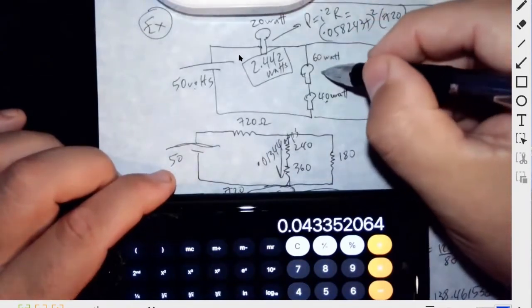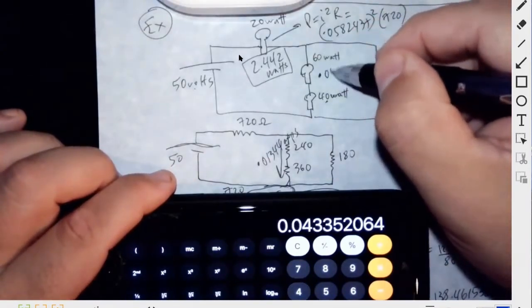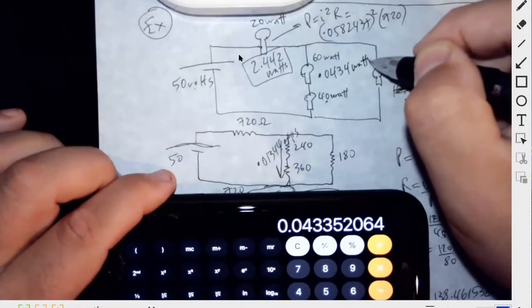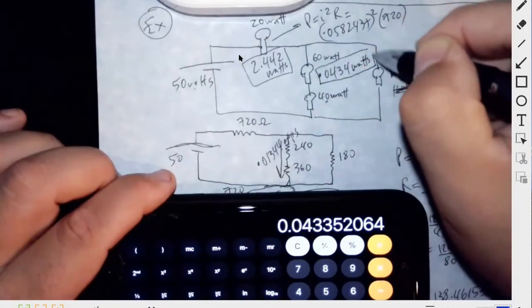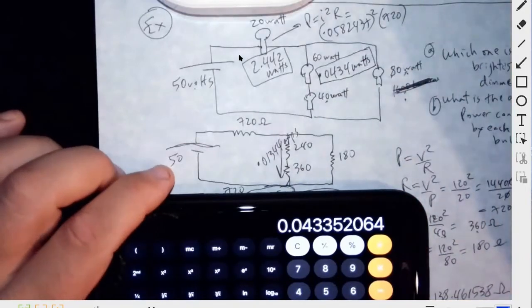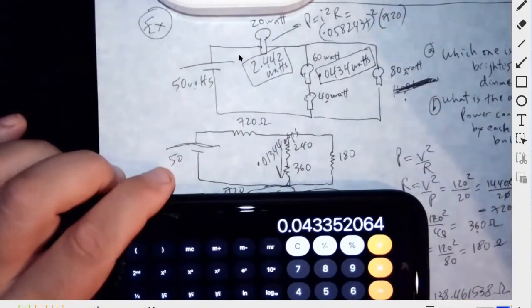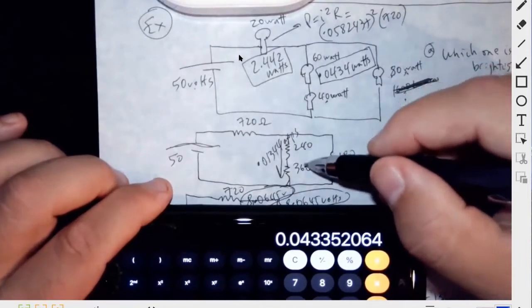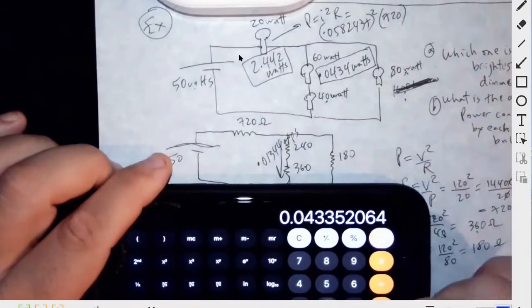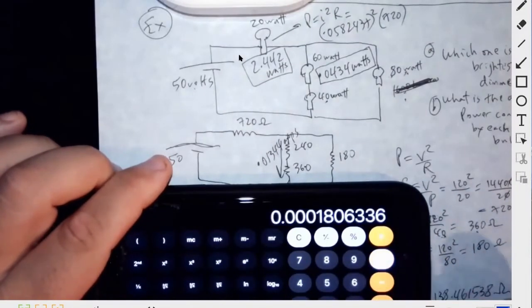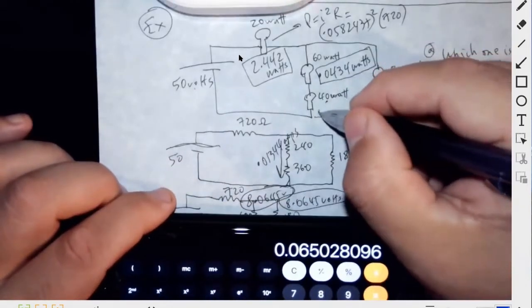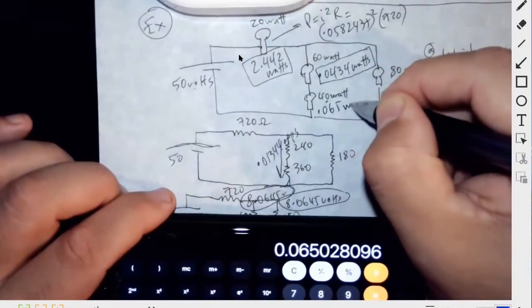This is barely visible: 0.0434 watts. And then for this guy, you can divide by 240 and multiply by 360. It's going to be 0.065 watts.